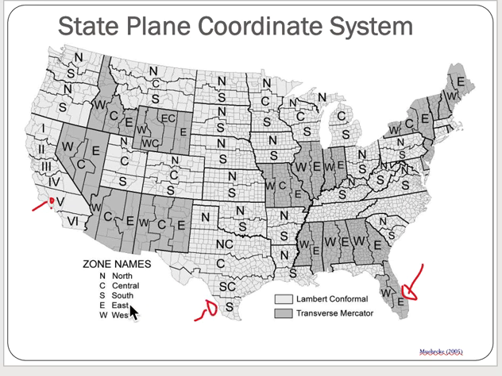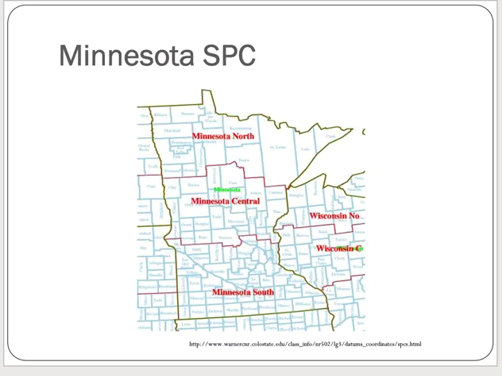So each zone is created for accuracy for each part of the state. So again, this is good for county level data. And for the Minnesota state plane coordinate system, if your study area was located in, let's say here, you would want to use Minnesota North, not the Minnesota South.